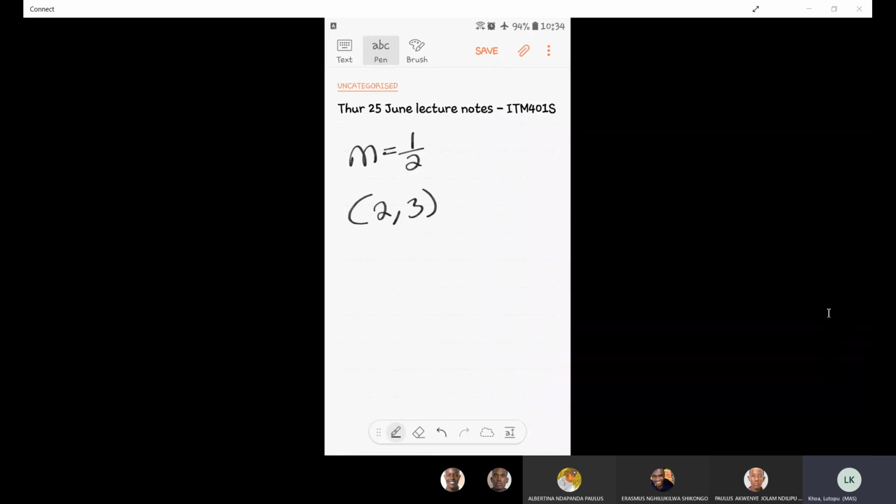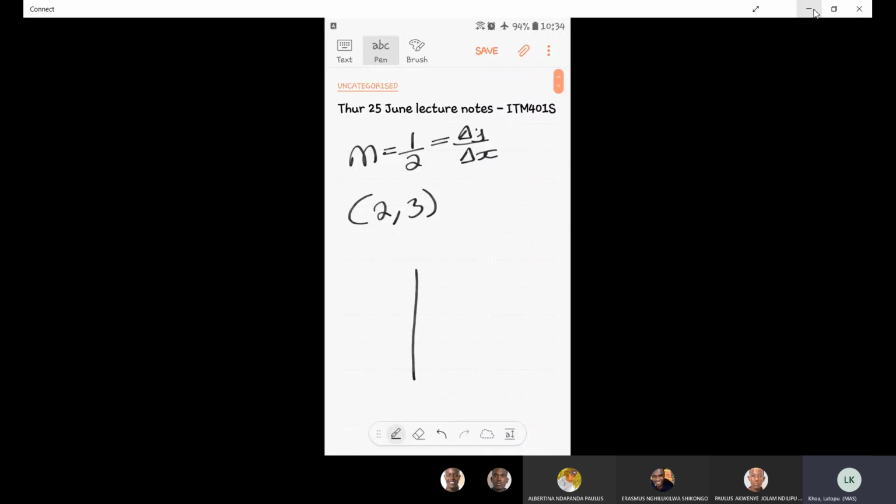What you need to remember about the gradient is that the gradient is equal to delta y over delta x. Then the numerator will tell you how many units to move up or down, and the denominator will tell you how many units to move left or right.